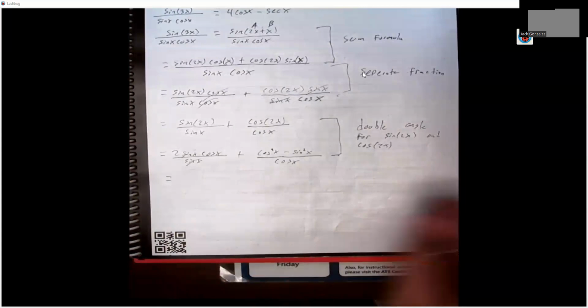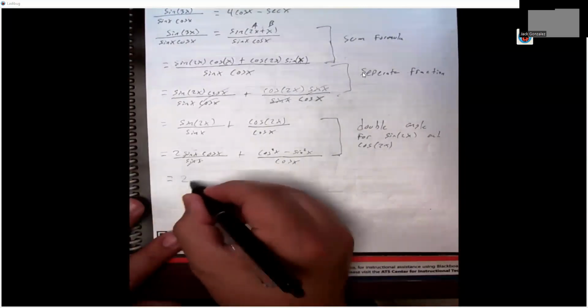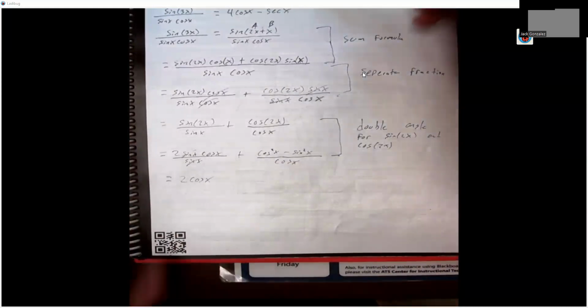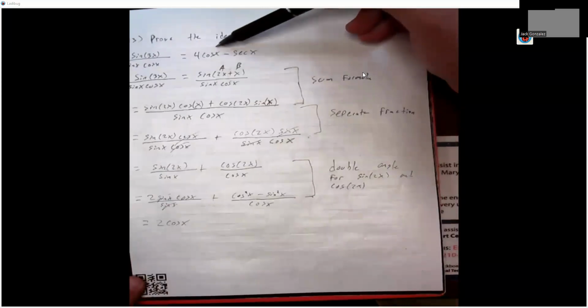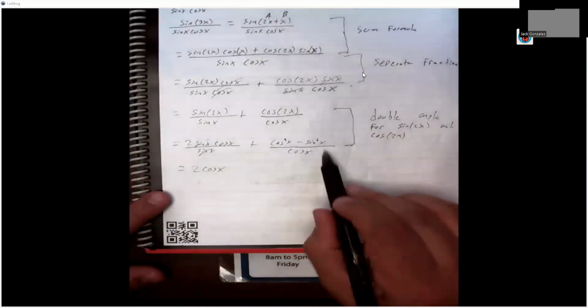This cancels, giving me 2 cosine. Right? Okay, well, that looks nicer at least. I need a 4 though, don't I? Don't have a 4. So maybe it'll come from here. Maybe.